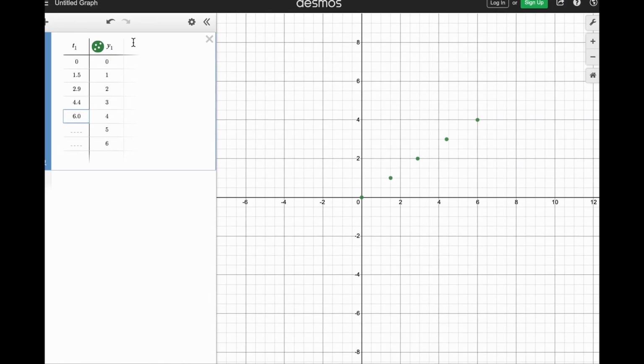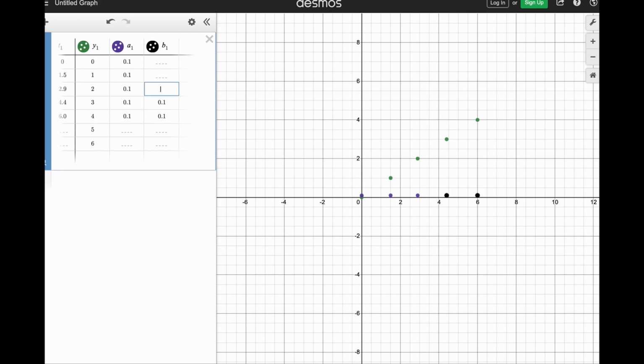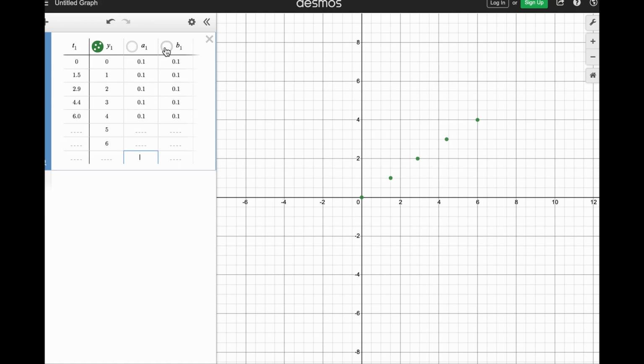In order to get error bars in Desmos, what you could do is create a new column. All right, so here A1 represents the uncertainty in T, and B1 represents the uncertainty in Y. All right, so I'll just put those numbers in. Now at first, it's going to start to graph them like as if they were data points, you know. You don't want that though. So what you can do is just clear them, and they won't show up.